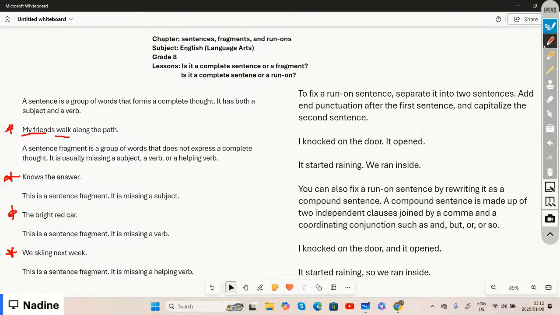If we were to select the word that is missing, then we can say the helping verb is missing.